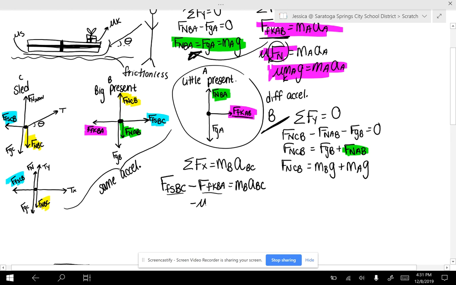So this is going to be minus mu_K m_A g equals m_B a_BC.